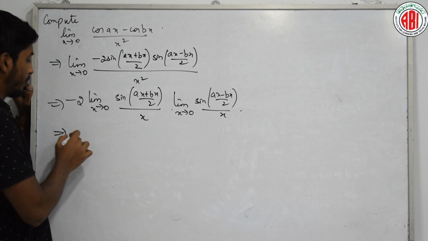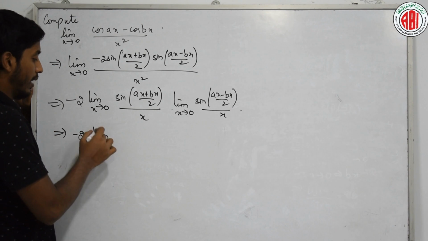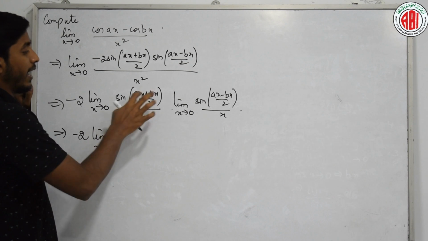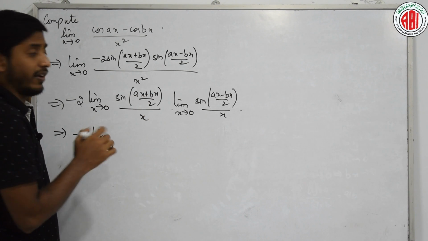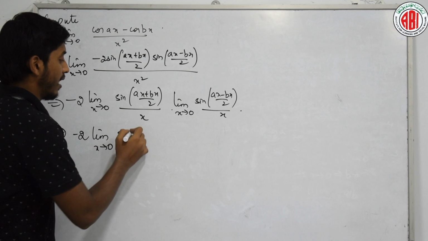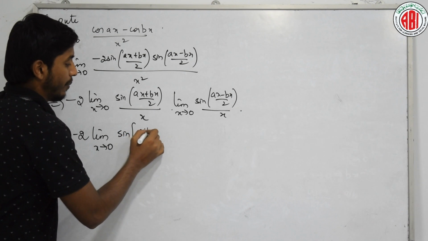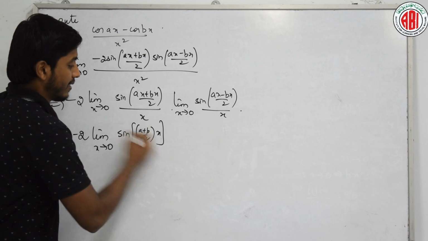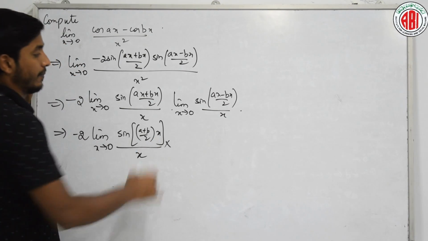Now, minus 2 limit x tends to 0, can I take x common here? I can take, right? This will become sin of A plus B by 2 into x divided by x.